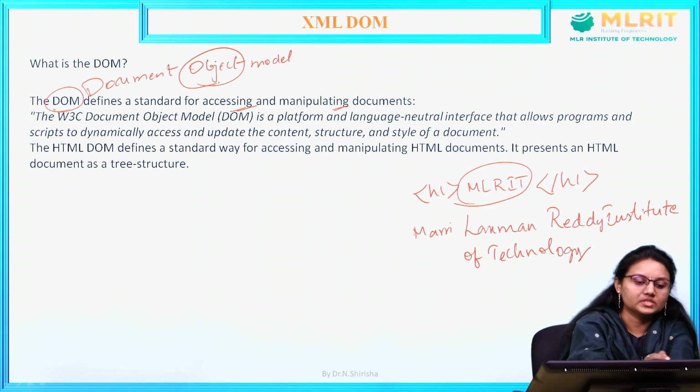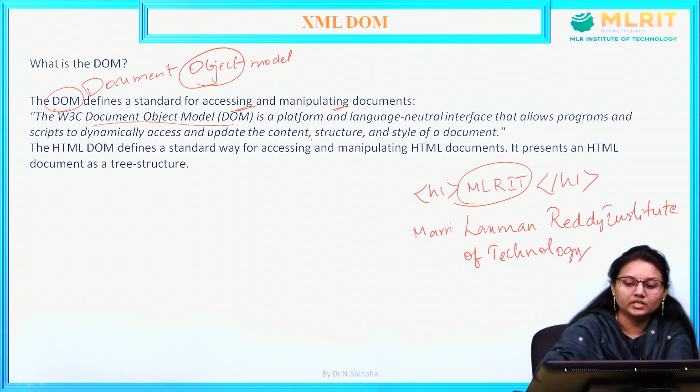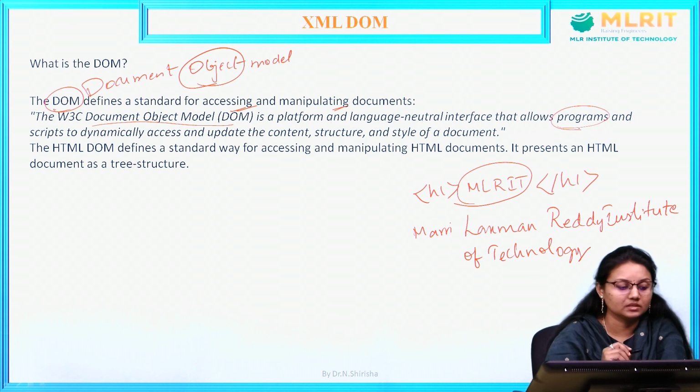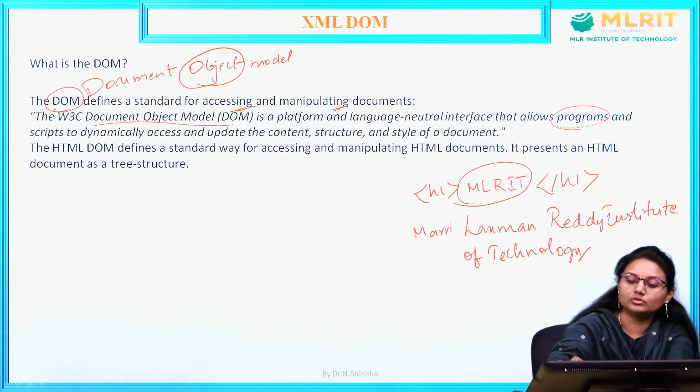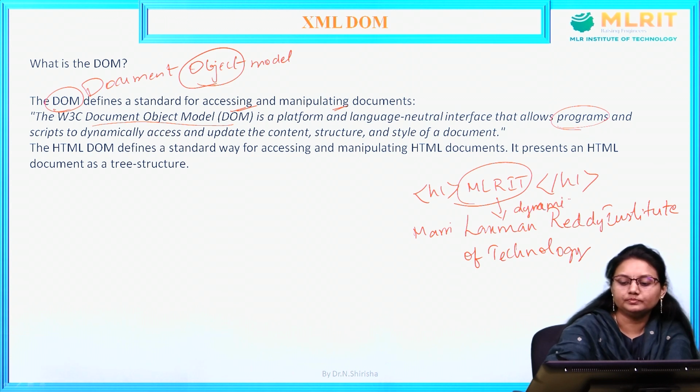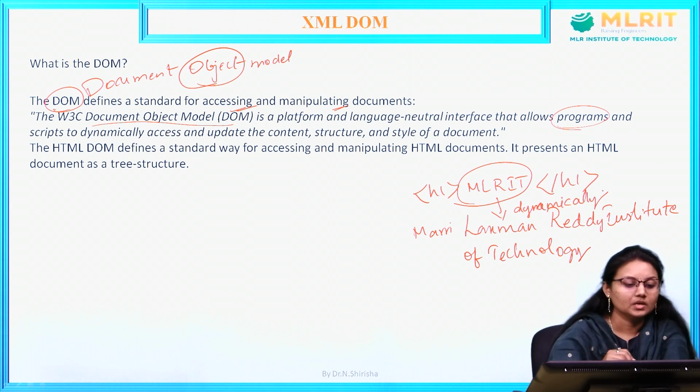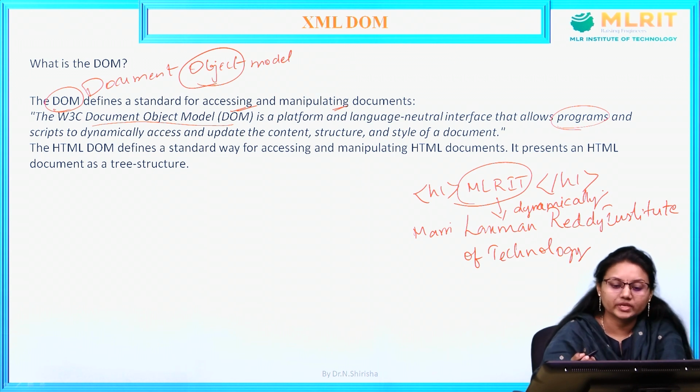The W3C DOM, Document Object Model, is a platform and language neutral interface that allows programs and scripts, our program being nothing but a document, to dynamically access and update the content, structure and style.